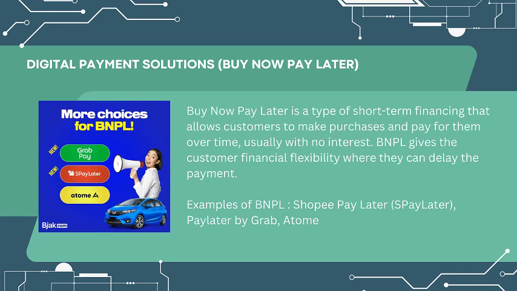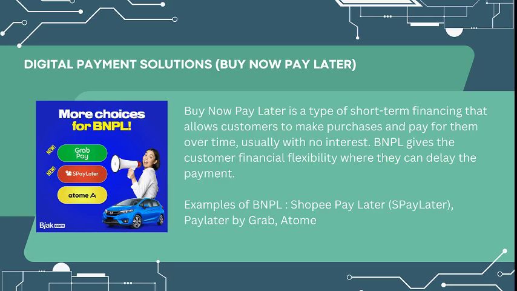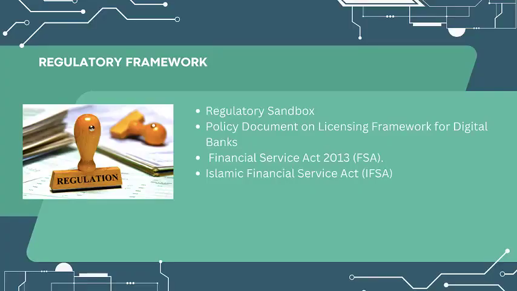Every month you have to pay 76 ringgit 30 cents for up to 6 months. That's how Shopee PayLater functions. As we can clearly see, the advancement of technologies in FinTech brings much convenience and ease of use.